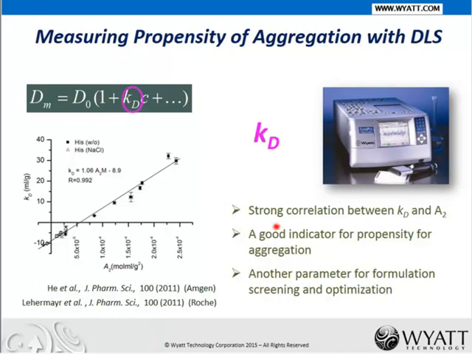So because of the strong correlation between kD and A2, we can use kD instead of A2 as an indicator for propensity of aggregation. So in addition to the aggregation rate and aggregation temperature, kD from dynamic light scattering is another good parameter for formulation screening and optimization.